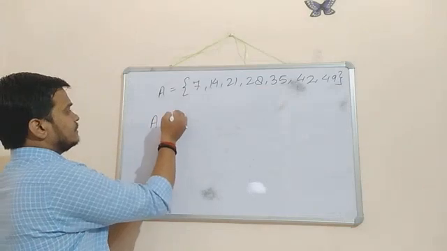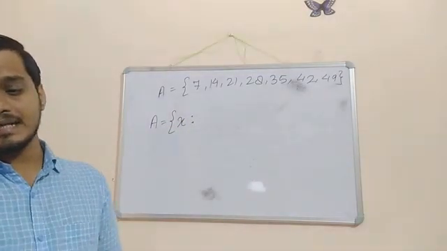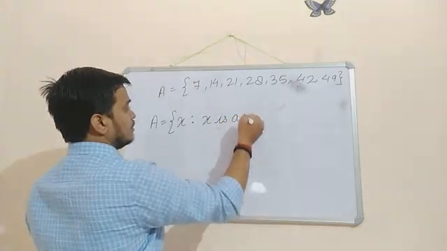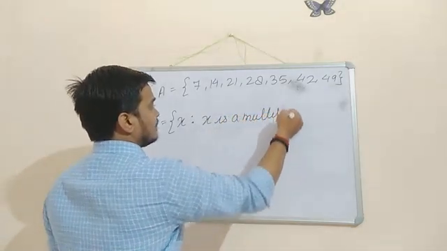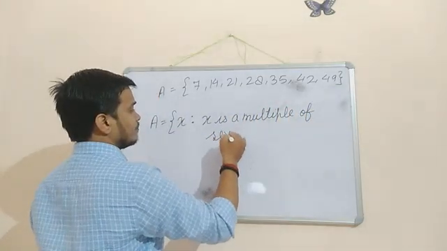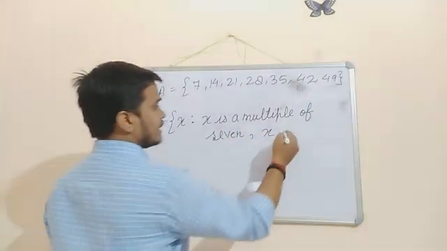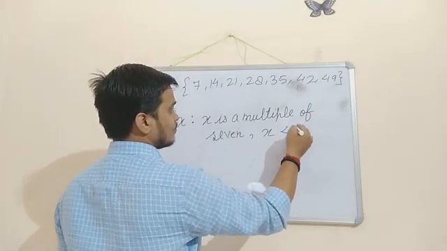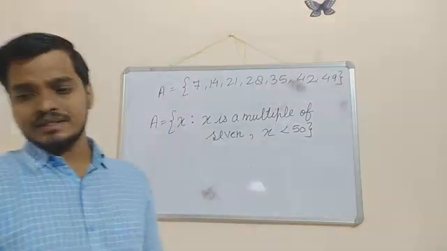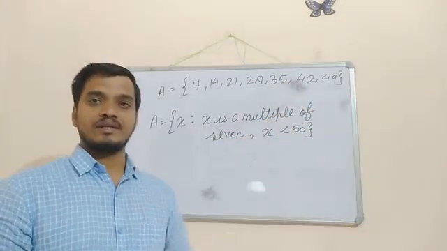Simply A equals X such that X is a multiple of 7, but one more condition is also there, that X is less than 50, because the last value I have written is 49.